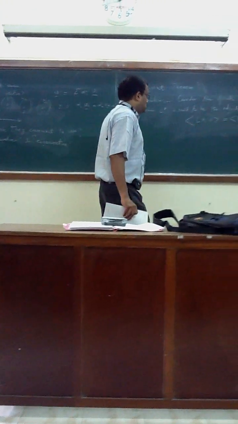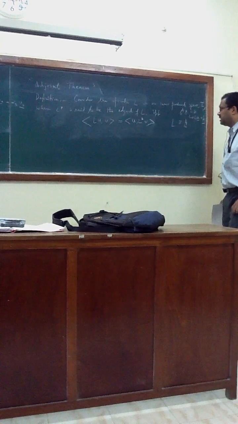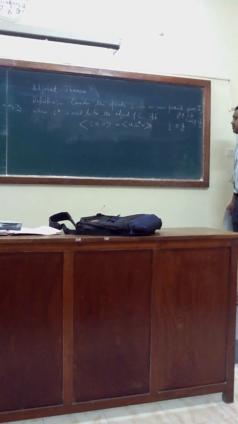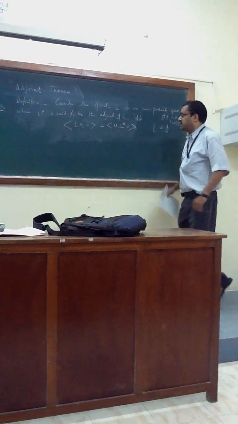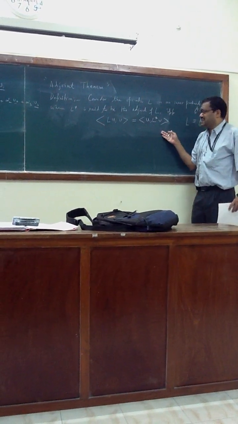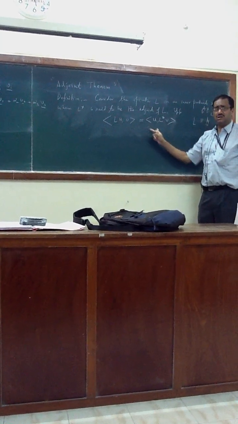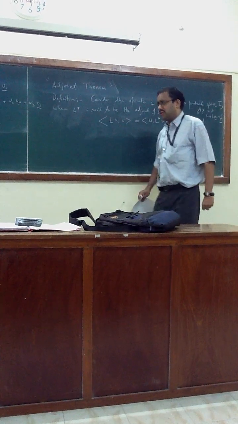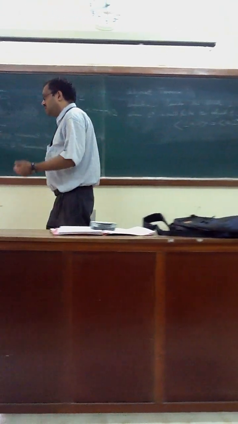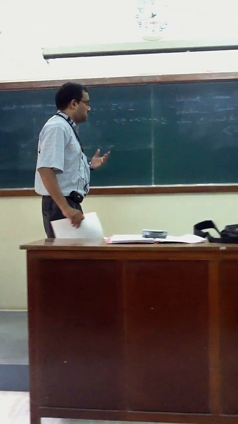But if you ask me what will happen for a differential operator, the relationship is similar, not exact. The left hand side is not exactly the right hand side, and there will be some other terms, which will depend on the boundary conditions and other features.